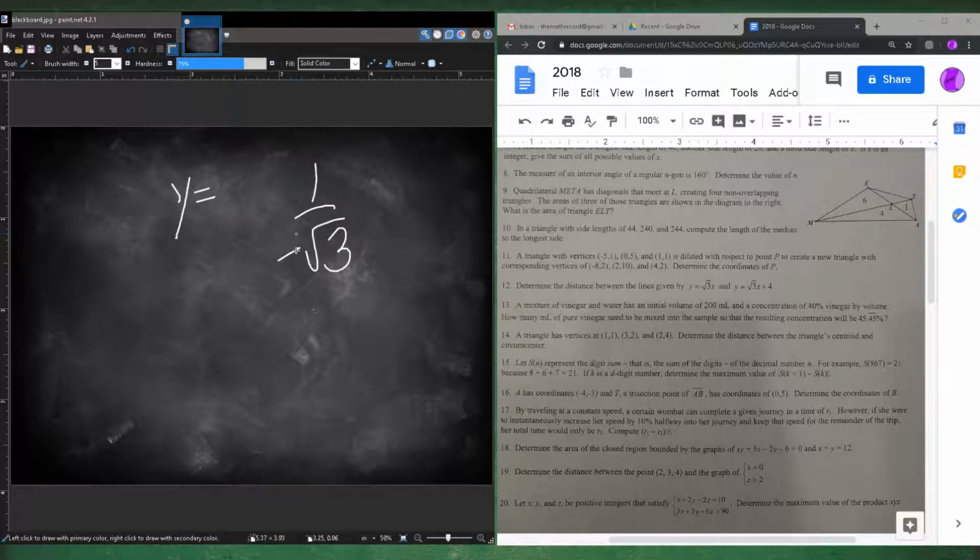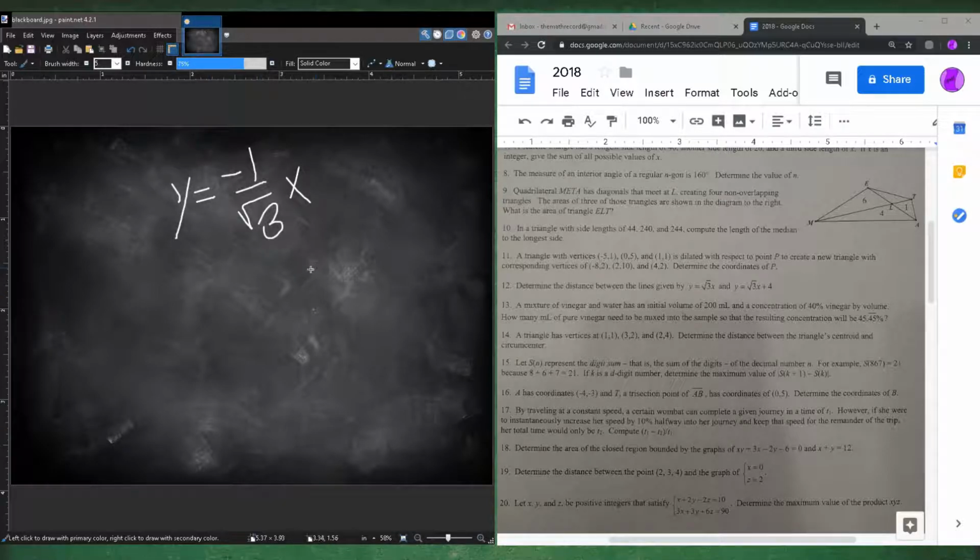So opposite and reciprocal. And that's what we get. So it's negative 1 over square root 3, and that's x. Okay. You don't have to look for b. It doesn't matter. Any equation with slope negative 1 over square root 3, with any number added, is gonna be perpendicular to these equations, y equals square root 3 x plus any number. The slopes just have to be perpendicular. That's all it has to be.